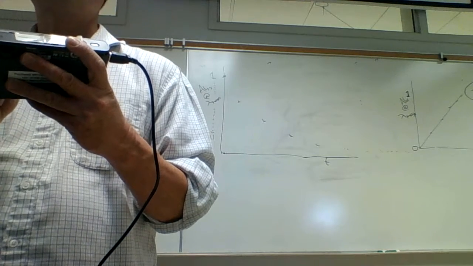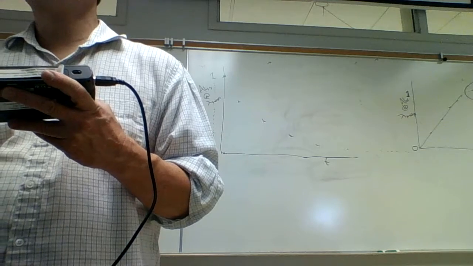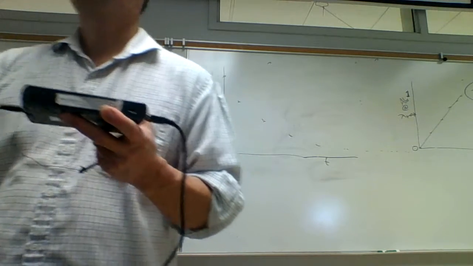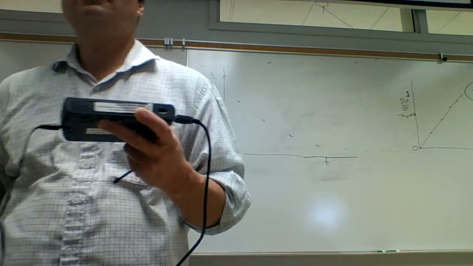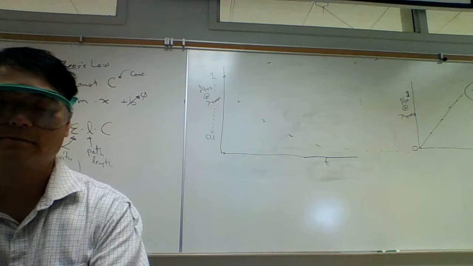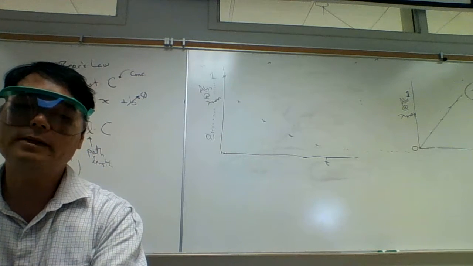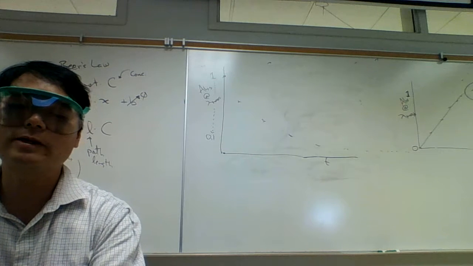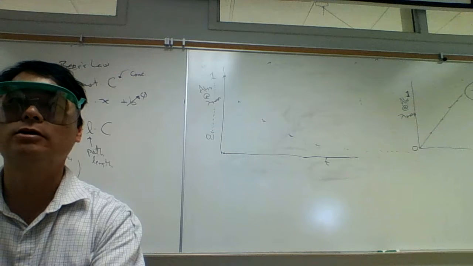Wait, for duration, mine shows 200 minutes. Yeah, 200 minutes is too long, right? So we're going to change it to 10 minutes duration. If we do a 10-minute duration, collecting 2 samples per minute, we're going to collect a total of 21 data points, starting with minute 0.